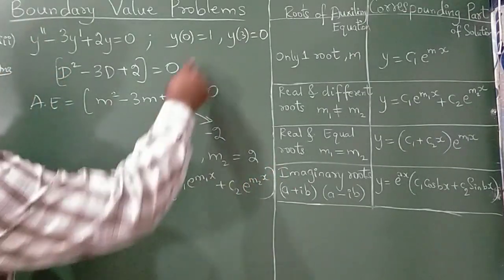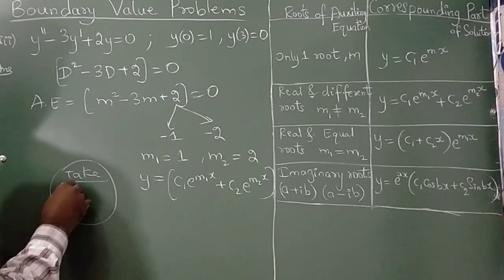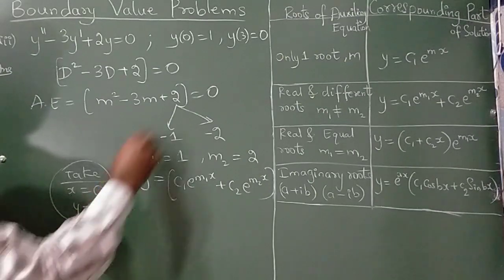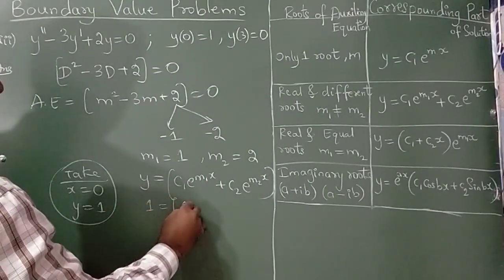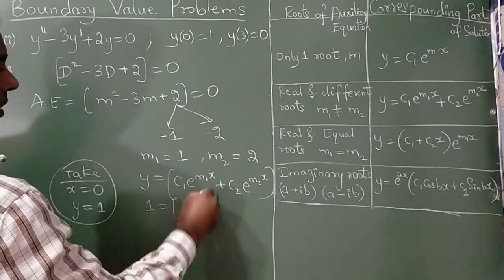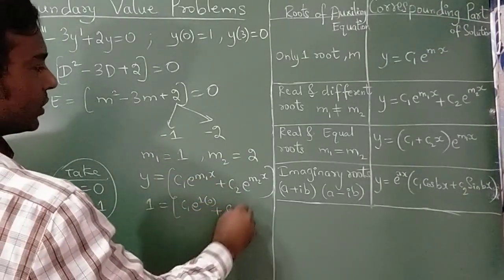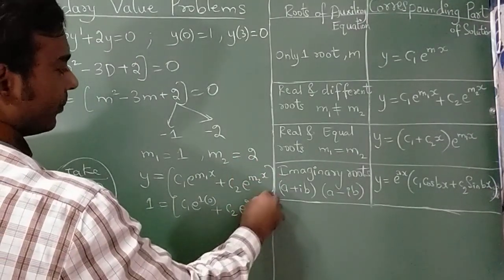Now I am going to take x is equal to 0. You can see here y is equal to 1. So in place of y, I'll write 1 equals c1 e raised to m1. m1 is 1, but what is x? It is 0. Plus c2 e raised to m2 is 2, but what is x? It is 0.